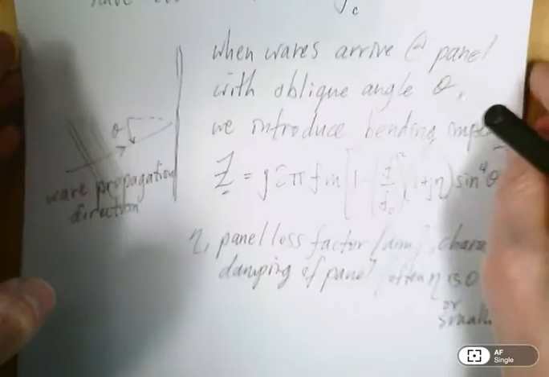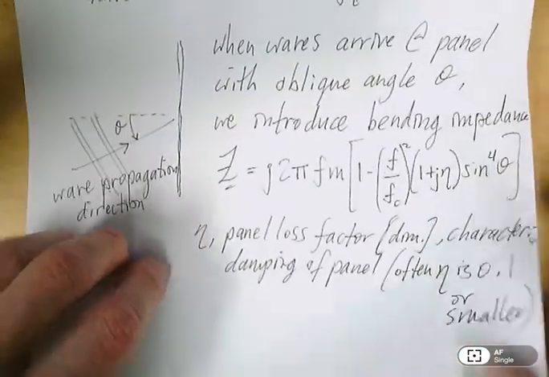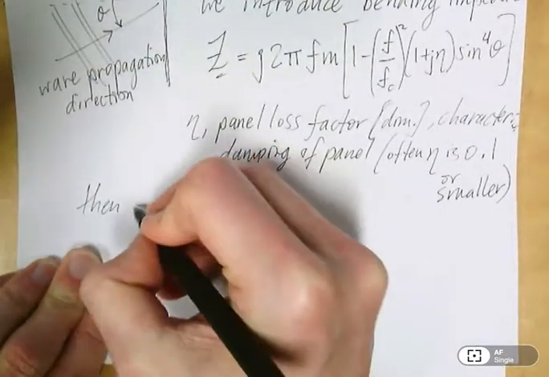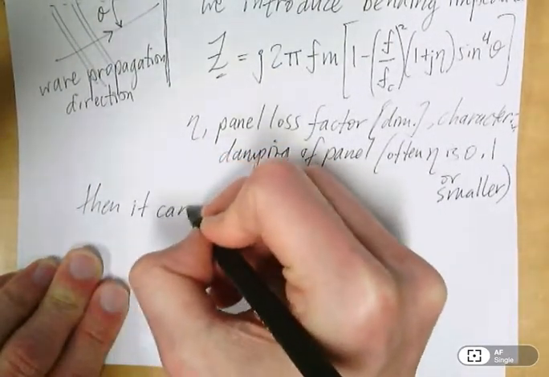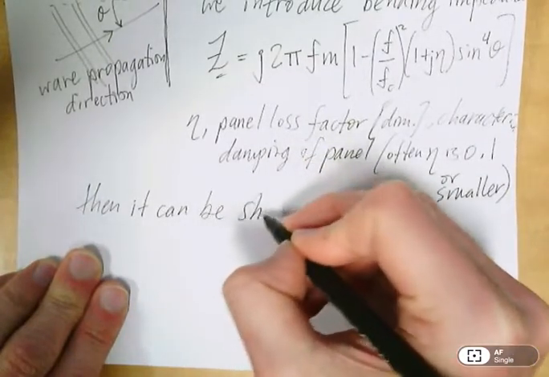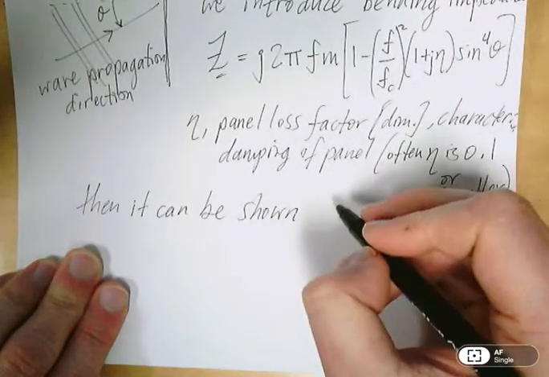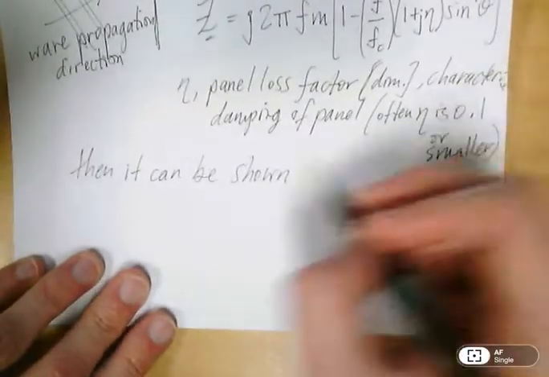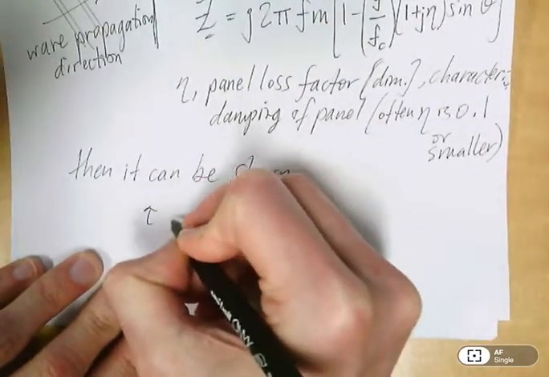So through a sequence of derivations which are beyond the scope of this course, it can be shown that the transmission coefficient is related to the bending impedance according to the following expression.